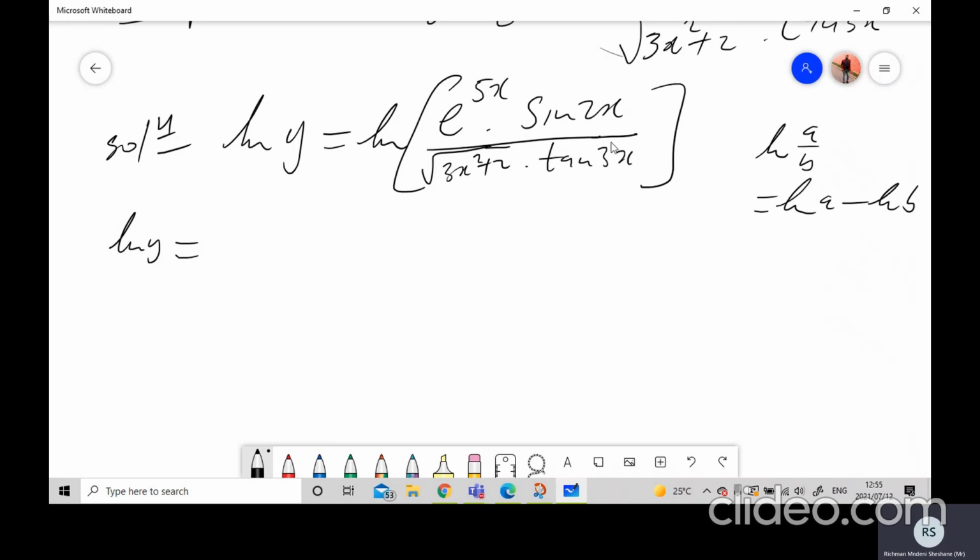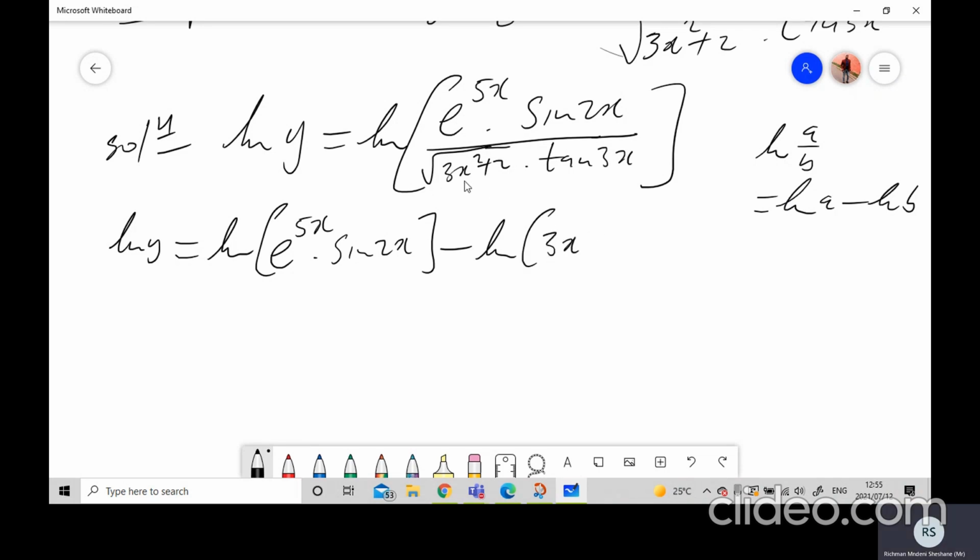So when you're expanding this using these log properties, it's going to be ln of a, my numerator, e to the 5x times sine 2x, minus ln of b, where we treat b as the denominator.